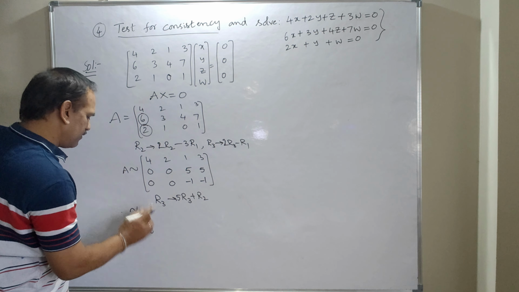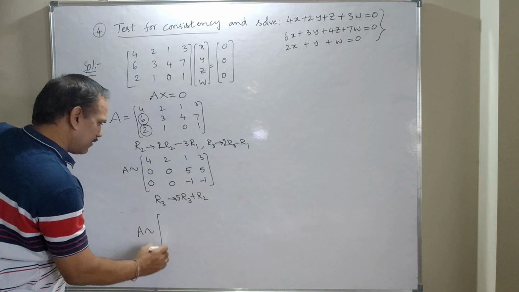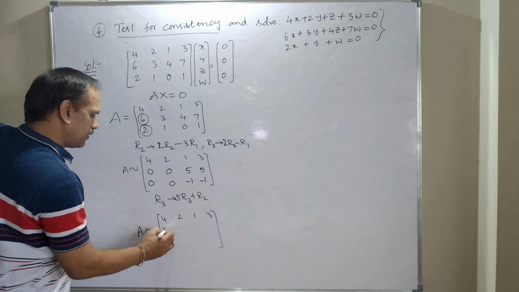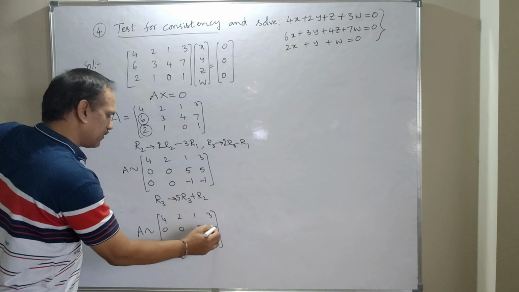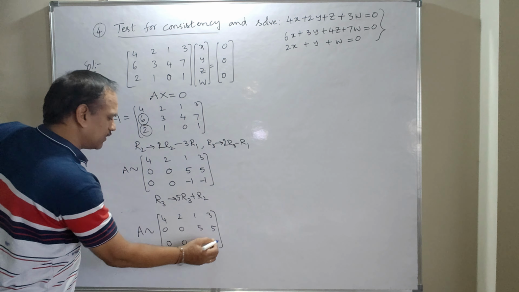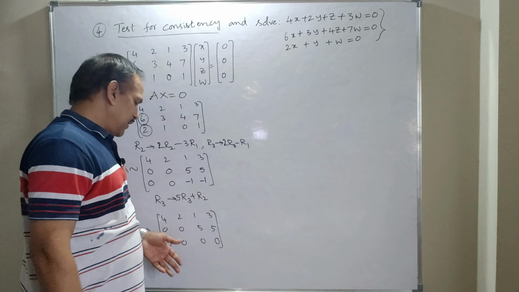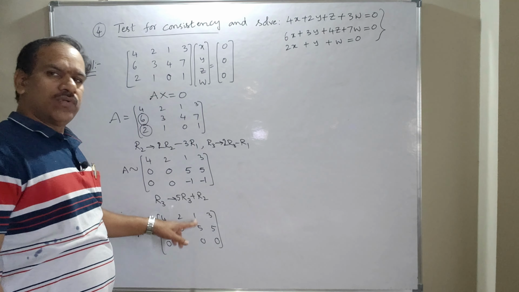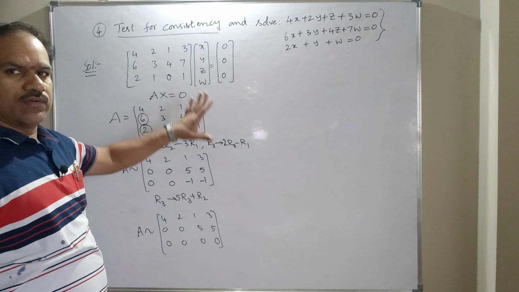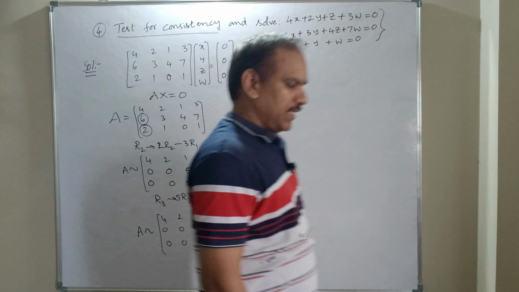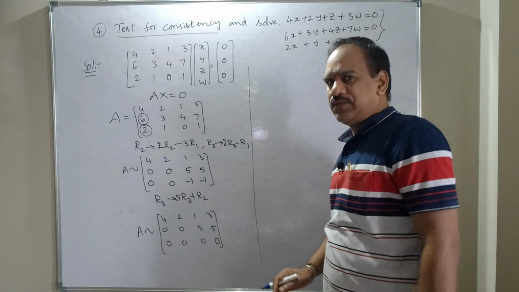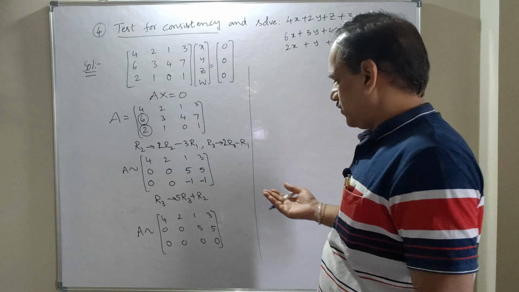What you will get is no changes in the first row, second row 0, 0, 5, 5, and third row 0, 0, 0, 0. See, the rank of A is 2 because you have only 2 non-zero rows, but you have 4 unknowns. N is 4. Because it is always consistent, it must have infinite solutions only.